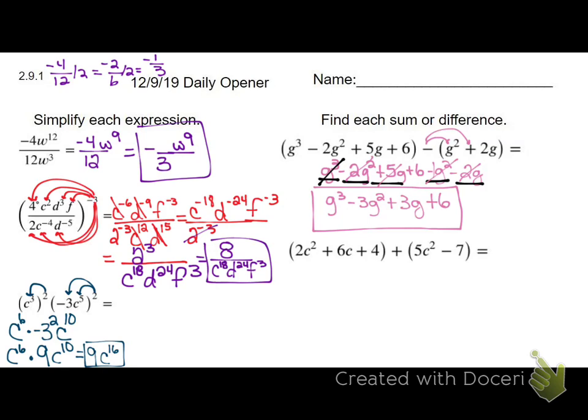What's the first part of it? Okay, so we count our exponents. How many exponents do I have? 3, 4, 5, 6. So 6 degree. And then we count our terms. 1, 2, 3, 4. 4 or more is a polynomial, so 6-degree polynomial.